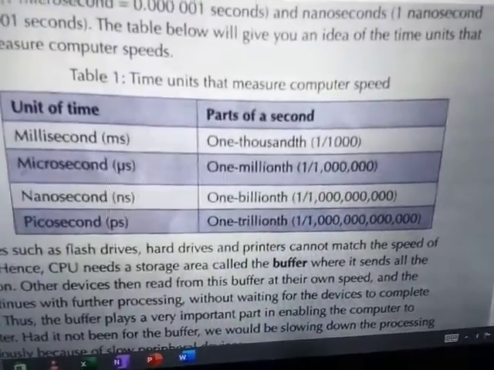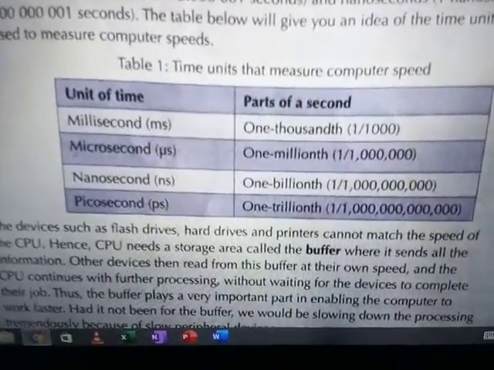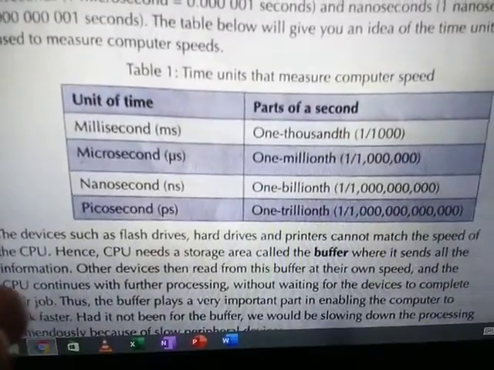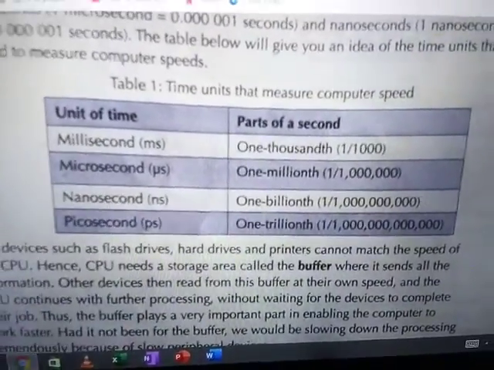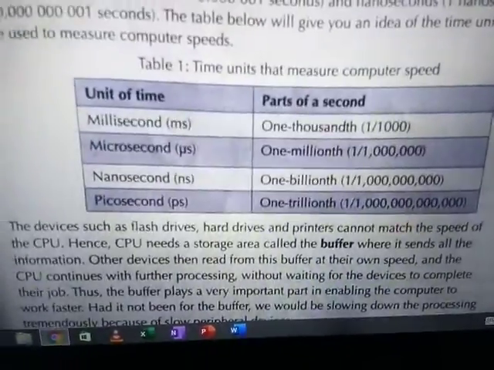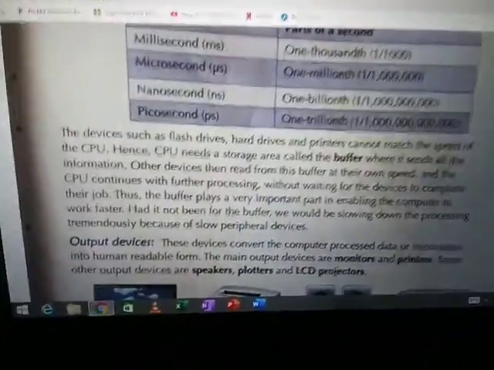You would have heard of supercomputers, or you will hear about them in higher classes. In supercomputers, a computer works at 1 second divided by a trillion. At that speed a computer works. Imagine and think.